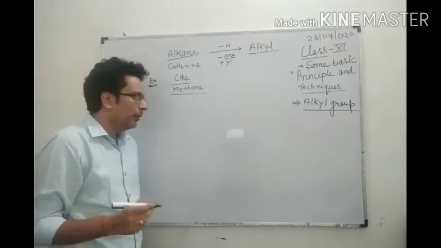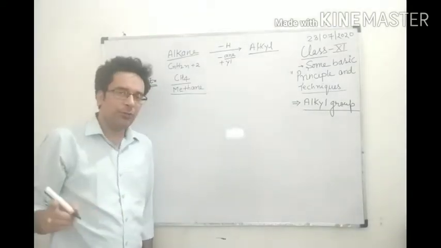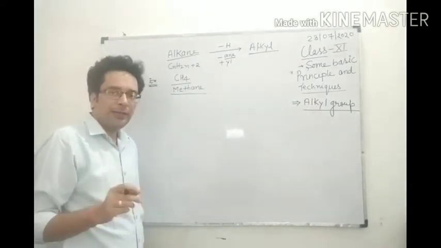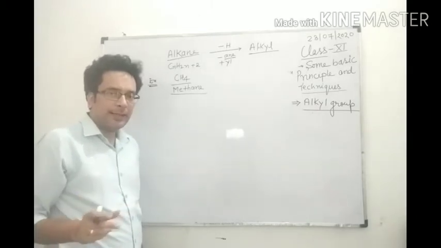So when we remove one hydrogen from an alkane, the obtained group is known as an alkyl group.